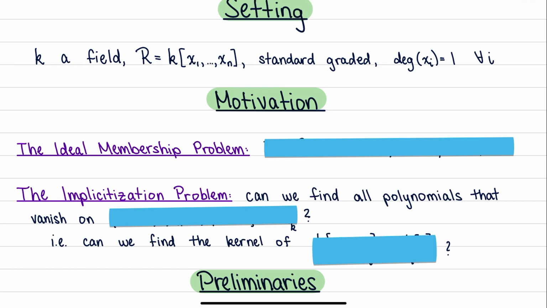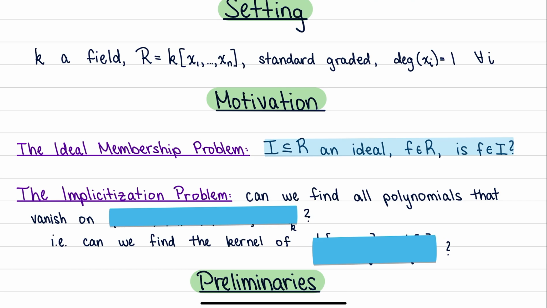Gröbner bases to solve. So the first of these is the ideal membership problem, which asks, given an ideal, given a ring element, is my ring element in my ideal? And this is a problem that if the answer is yes, we can sometimes solve by just staring at the generators, staring at the ring element, and finding the coefficients we need.